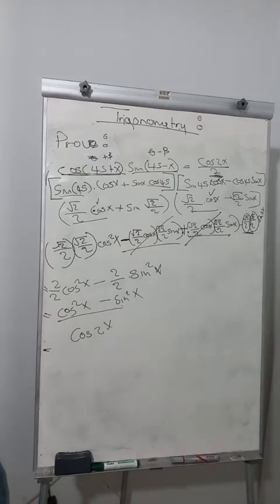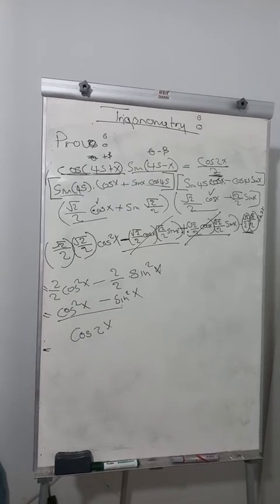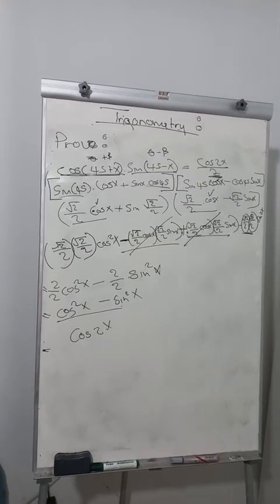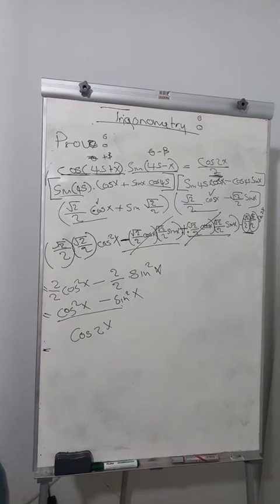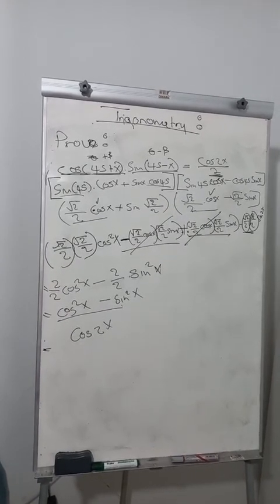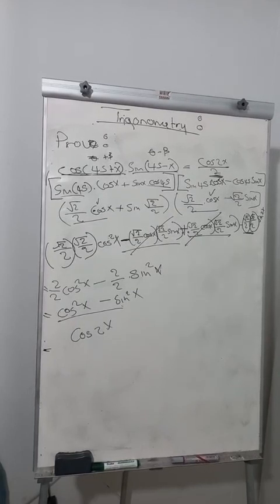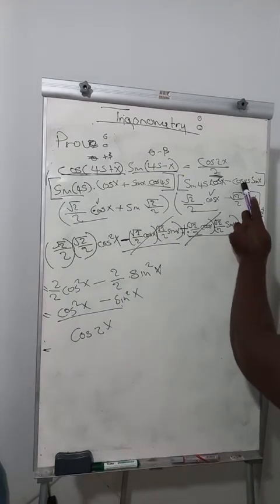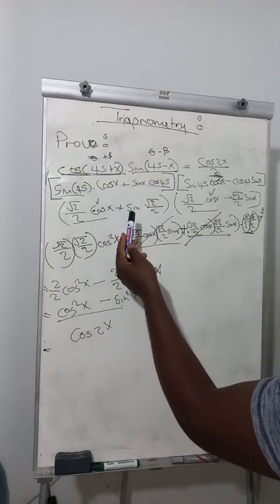Guys, maybe we've seen where I went wrong here. I'm trying to check on my audio, I can't see. Mistake by the cos 45x. Cos 45x. You mean which one? This one? Or which one? Or you mean here?